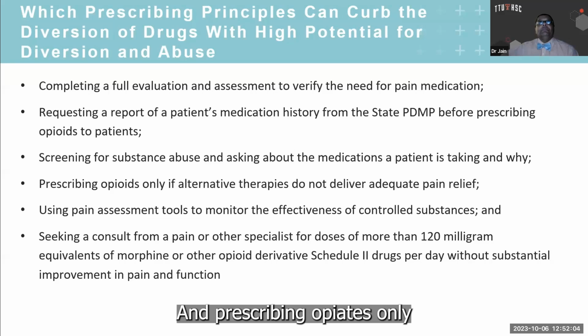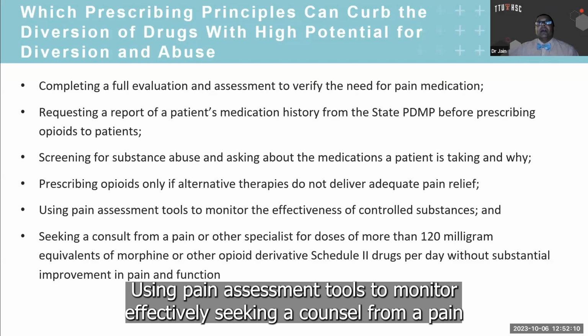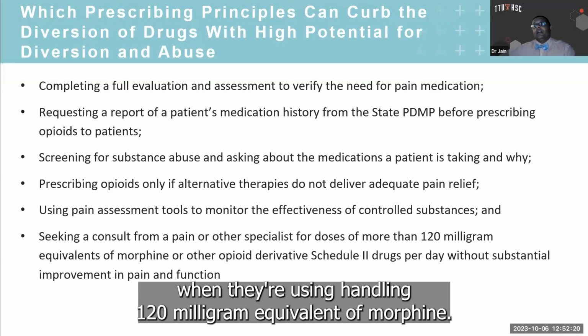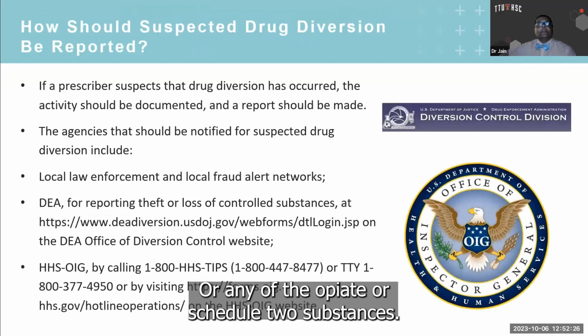Prescribe opiates only if alternate therapies do not deliver adequate pain relief, and use pain assessment tools to monitor effectively. Seek a consult from a pain or other specialist, always involving other specialists, particularly when patients are on 120 milligram equivalents of morphine, or any opiate or Schedule II substance.